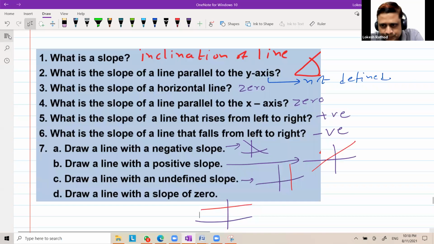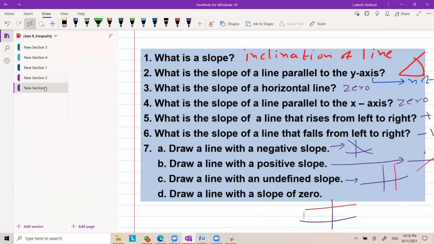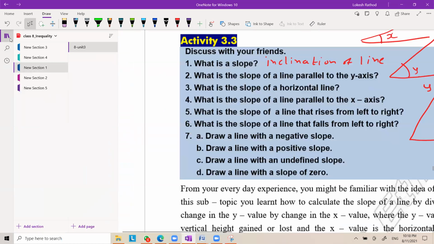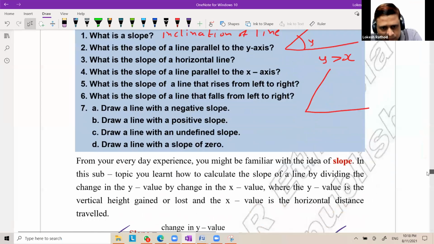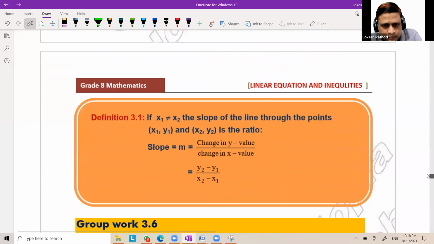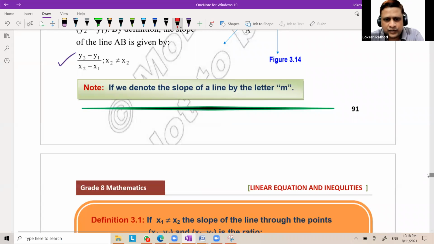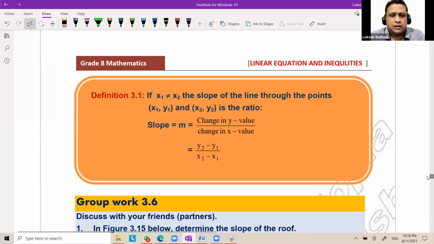So next we have this. We have discussed all this, right? We denote the slope of a line by the letter m. Now, if x1 is not equal to x2, it means it is not a vertical line.